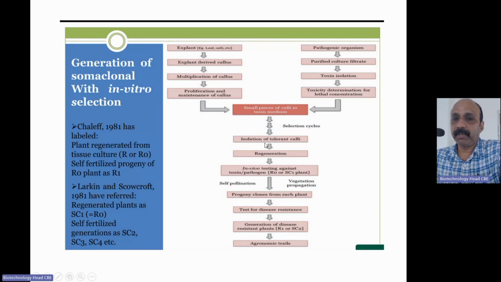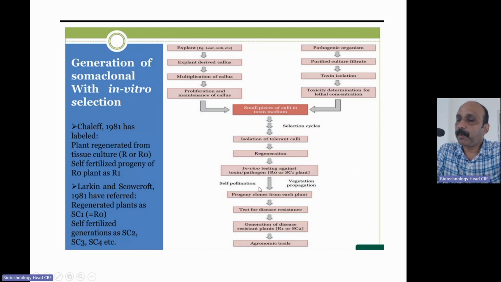So you isolate only those calli that are tolerant to the toxin, and go for regeneration and in vivo testing. And again, it need not be planted in the field. It can be tested using either the toxin or the entire pathogen, in the medium itself. So you don't need to go to the field itself.